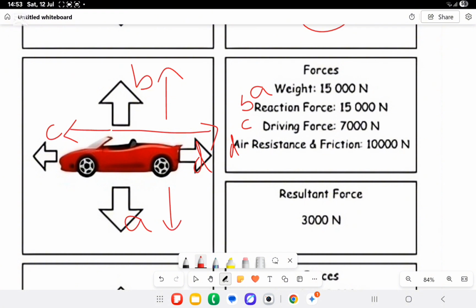So if we subtract 7,000 from 10,000, we will get 3,000 newtons. That's the resultant force.